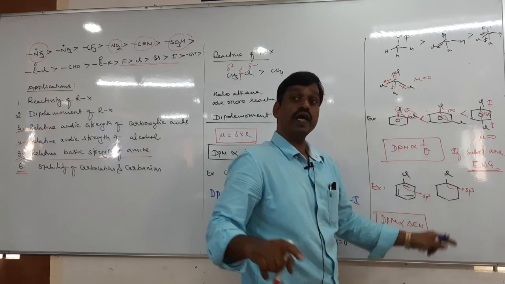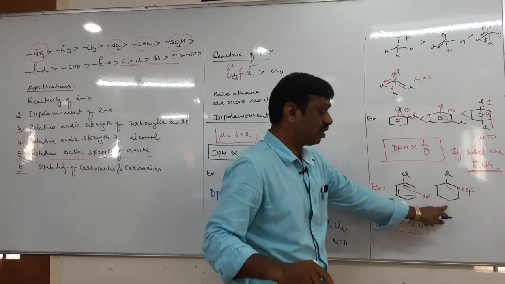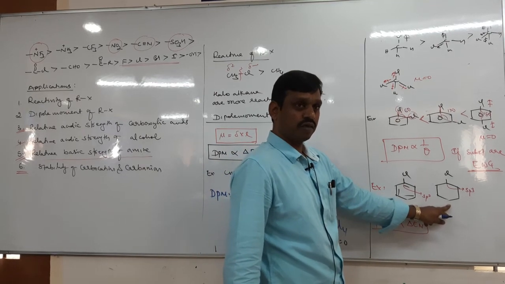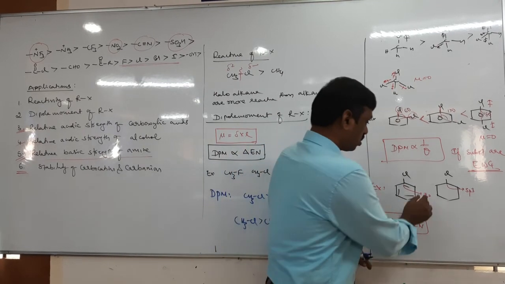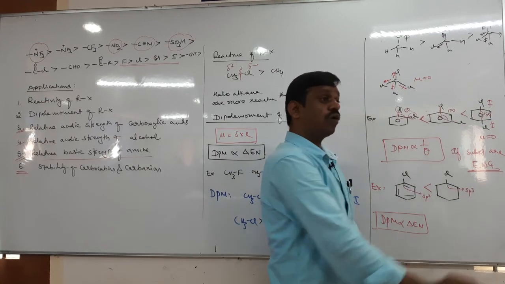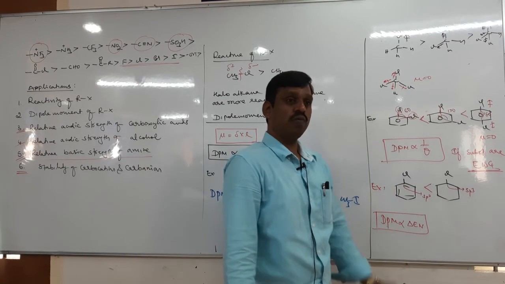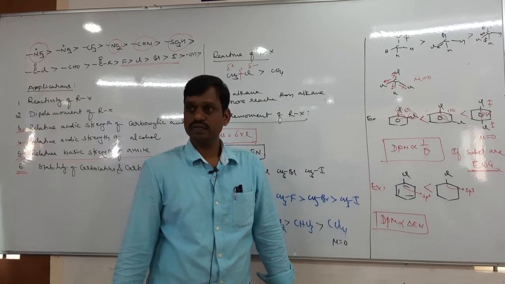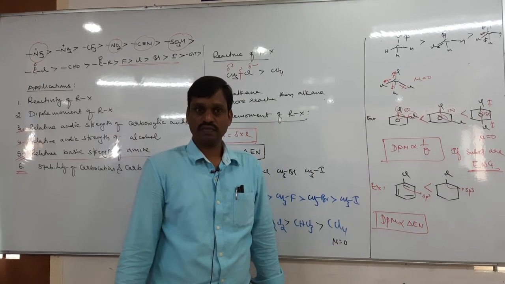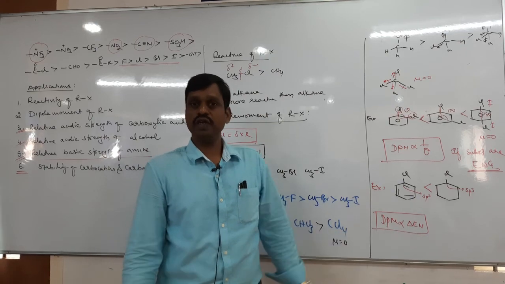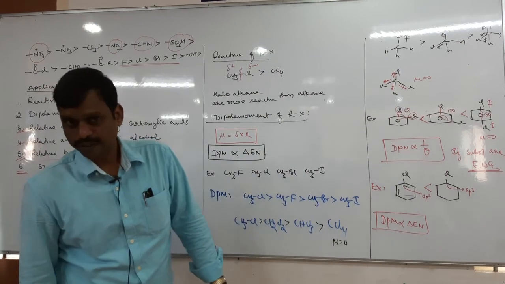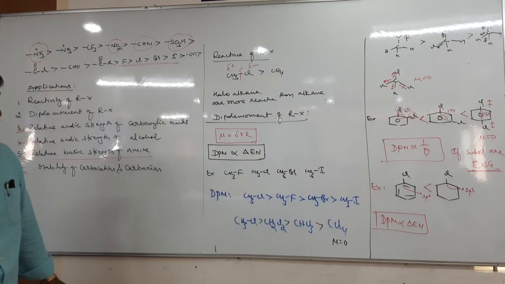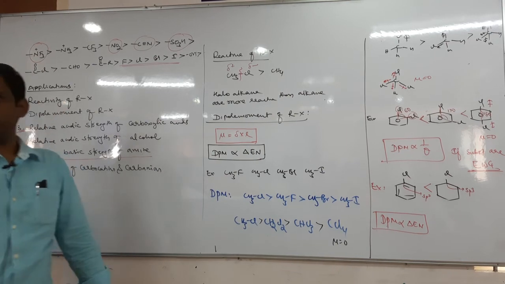Therefore, where do you get more difference? In chlorocyclohexane. Chlorocyclohexane has more dipole moment compared to chlorobenzene. This question is given in the NCERT textbook, second PUC. So therefore, the dipole moment concept is important.